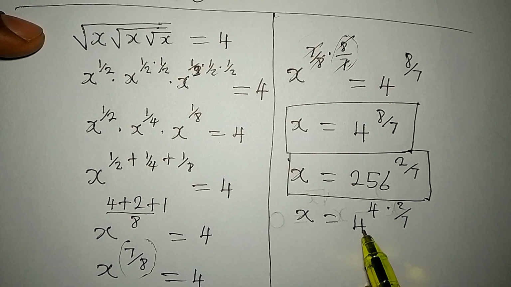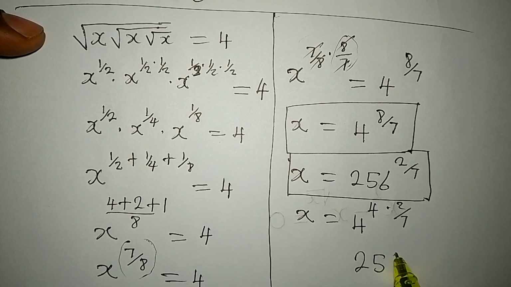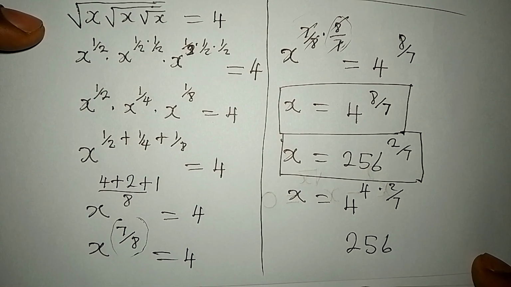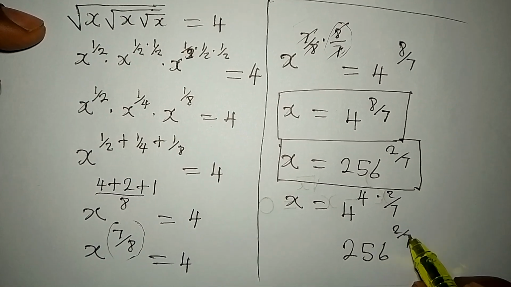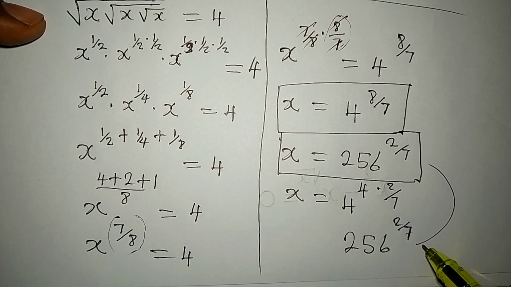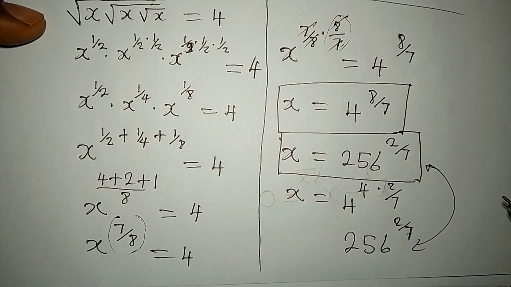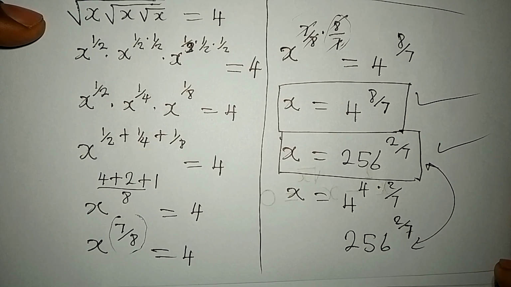Now 4 to the power of 4 is definitely 256. And then we'll be having 2 over 7 as the power. So you can now compare these two. These two values are the same and are correct.